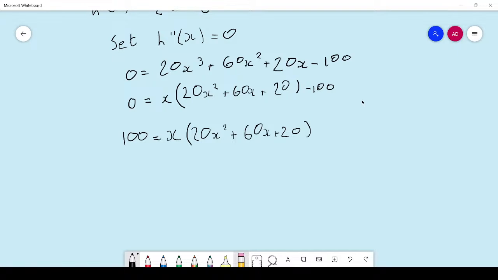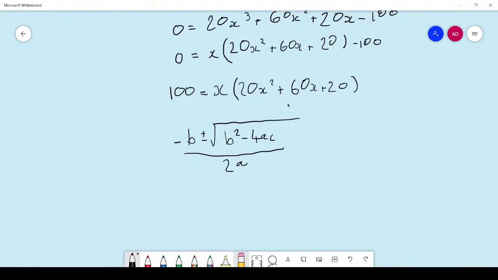Right, so let's have a look. Let's solve this quadratic that's in the brackets. Let's see what that does to us. So negative b plus minus square root b squared minus 4ac on 2a.